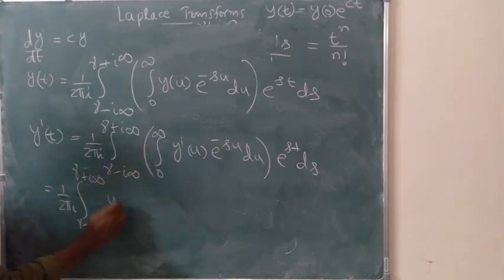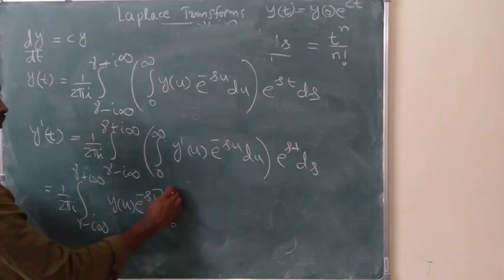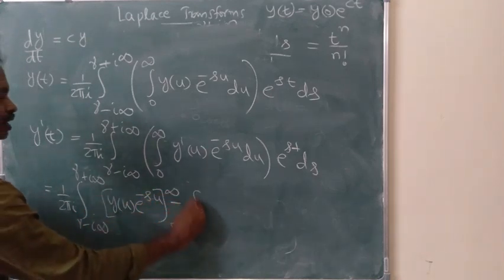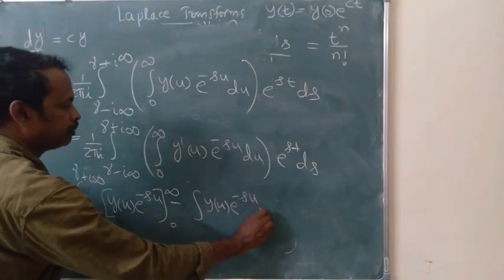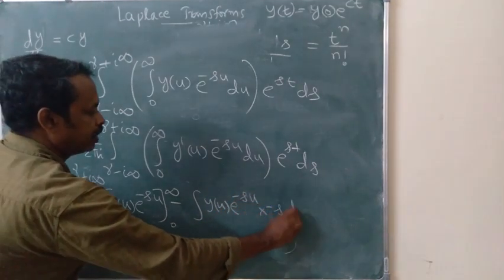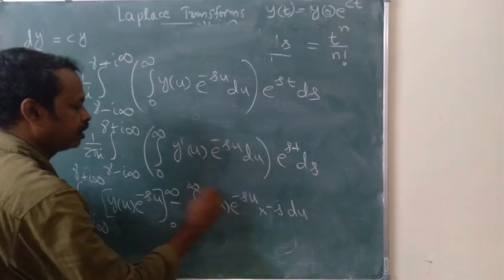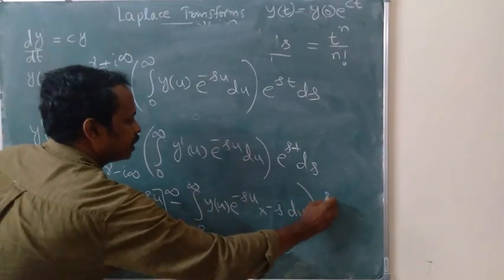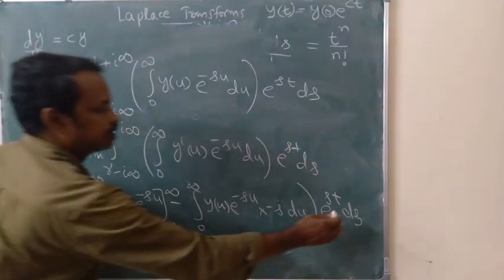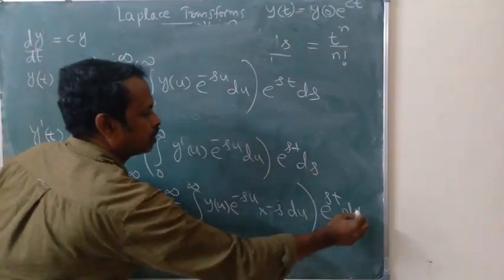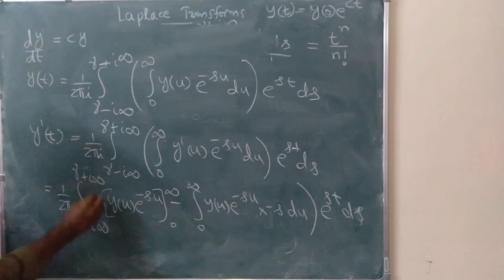integral of y dash u is y of u e to the power minus su over the limit 0 to infinity minus integral y of u e to the power minus su multiplied by minus s du 0 to infinity, whole multiplied by e to the power st ds. Okay.